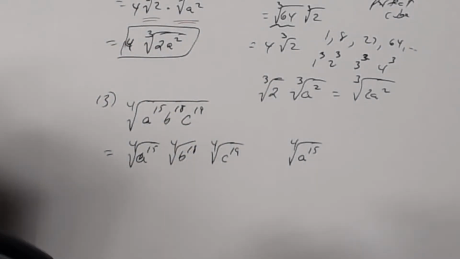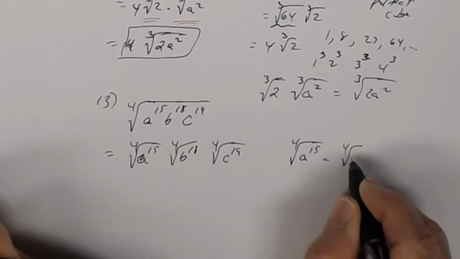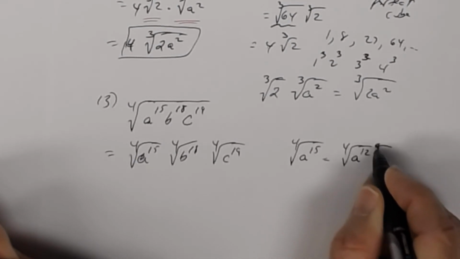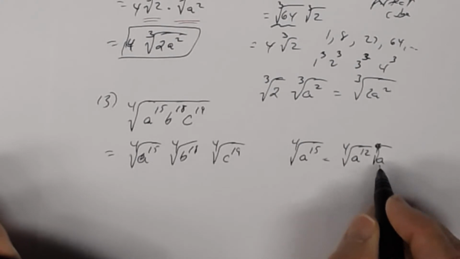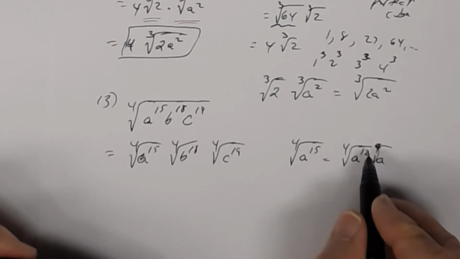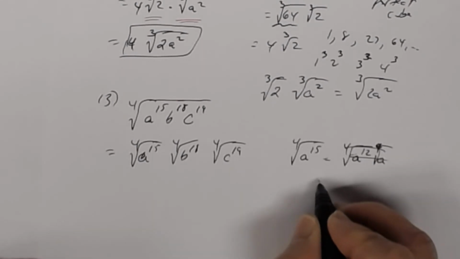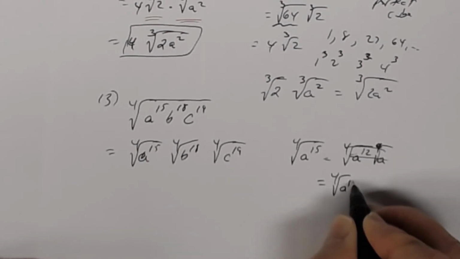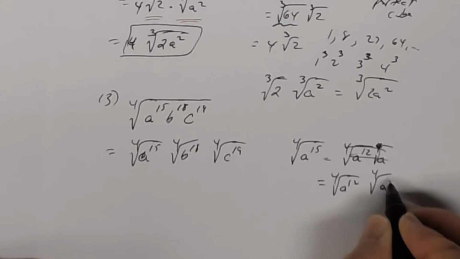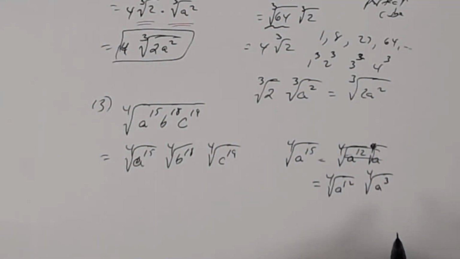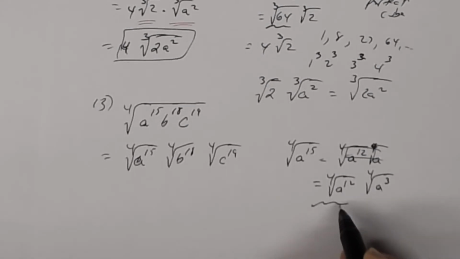There you go. So I'm going to rewrite this as the fourth root of a to the 12th times the fourth root of... sorry, I messed up here. It's not a. 12 plus what is 15? Let me rewrite this. It'll be the fourth root of a to the 12th times the fourth root of a to the third, right? 12 plus 3 is 15, so be careful. I can simplify this. 12 divided by 4 is 3, so that's a cubed.